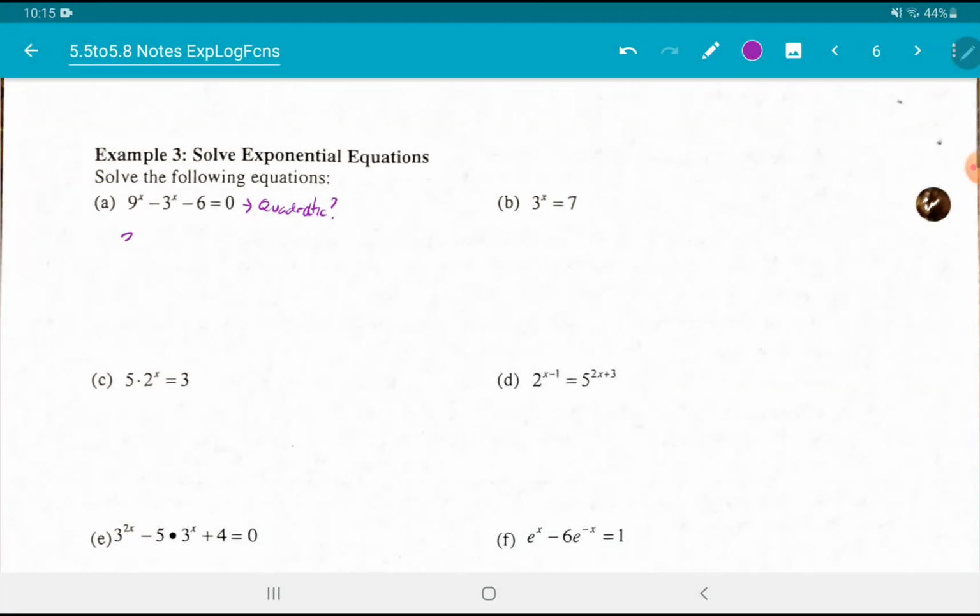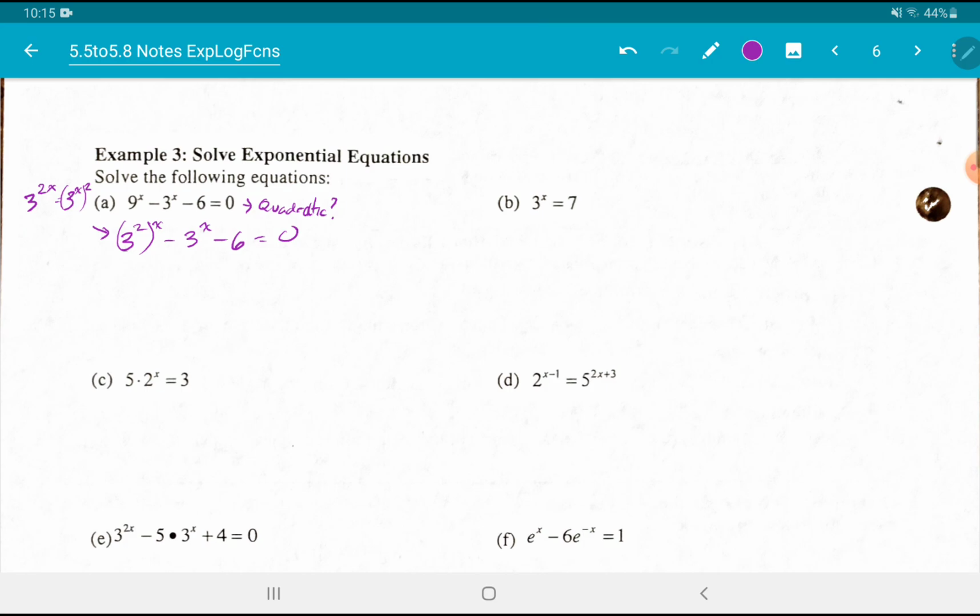So 9 is really 3 squared, to the power of x, minus 3 to the x, minus 6 equals 0. This is just using your properties of exponents. This is really 3 to the 2x, or another way of thinking about it is this is the same as 3 to the x, squared.